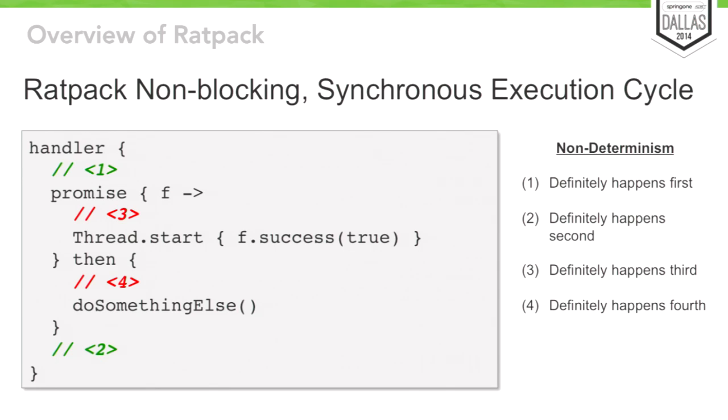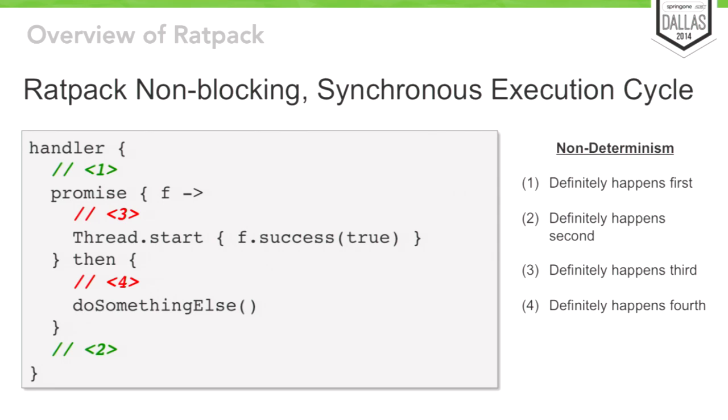So Ratpack's execution cycle is always guaranteed to run in this order, and we do that by guaranteeing that the execution threads that have made the original call are finished before any callback taking executions are started or invoked, right?